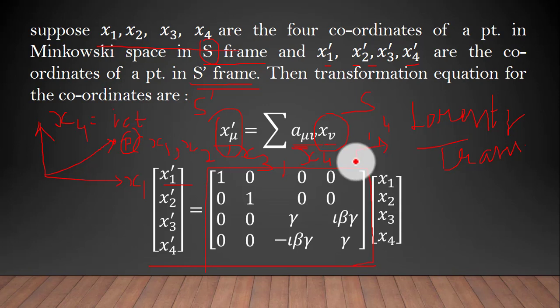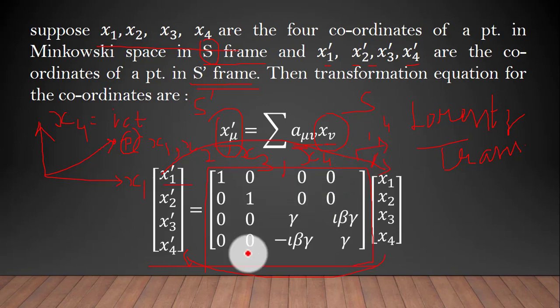Suppose we know the coordinate of any point in the S prime frame of reference and we want to know its coordinate in the S frame of reference. What do we need to do? We need to apply the inverse transform equation. So this matrix is going to move here, these are going to change their positions, and for the transformation matrix we have to take its transpose.